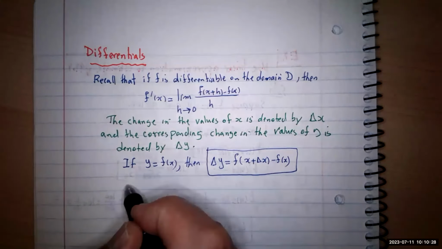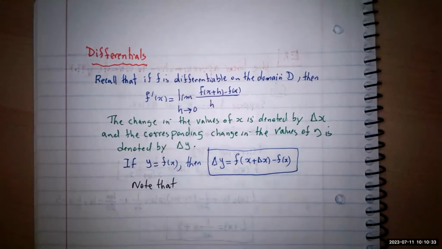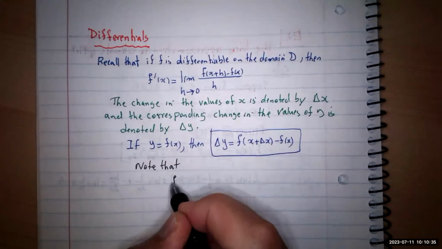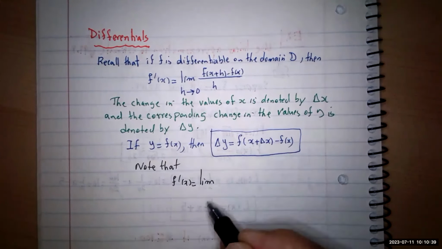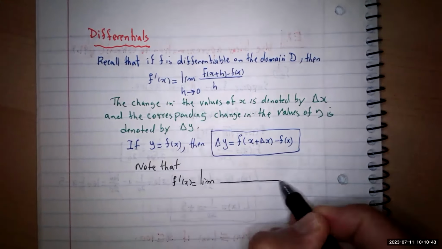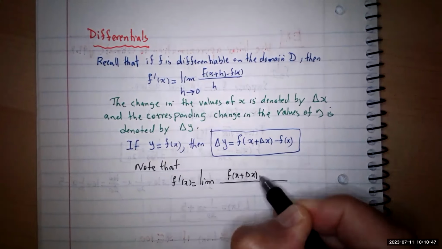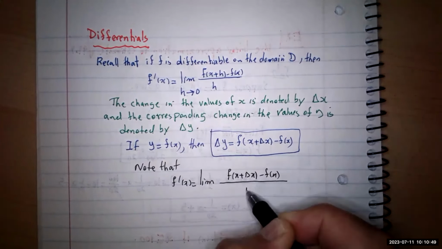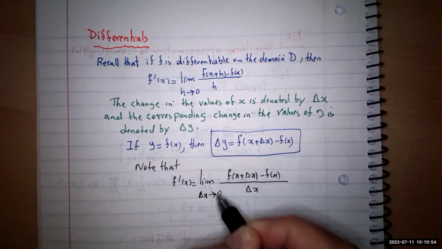So note that the relationship with the derivative f prime of x is now going to be equal to the limit of, we change the h into delta x, so it's going to be f of x plus delta x minus f of x over delta x, as delta x goes to 0.